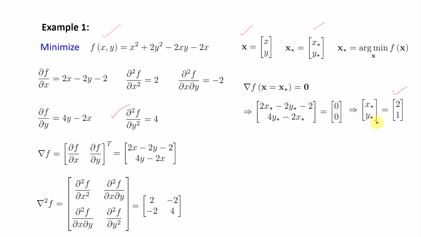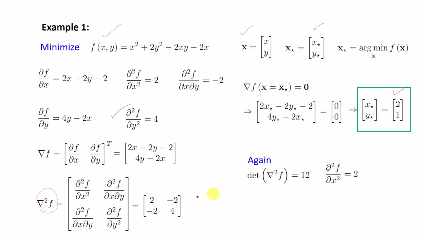So now we have to see whether at this particular point 2, 1, this function will take its maximum or minimum. For that, we'll check the determinant of the Hessian, and it gives me 12. And then ∂²f/∂x² is anyway 2. So both are positive.